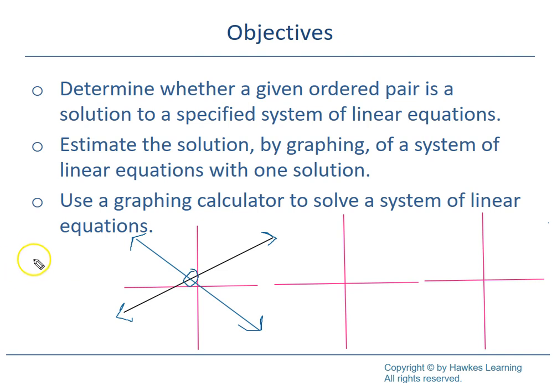Well, it indicates that the ordered pair of one equation is a solution for that equation and also a solution for the other equation. So in this system of equations, this is what we're shooting for.